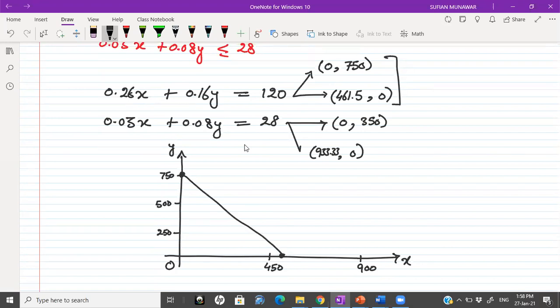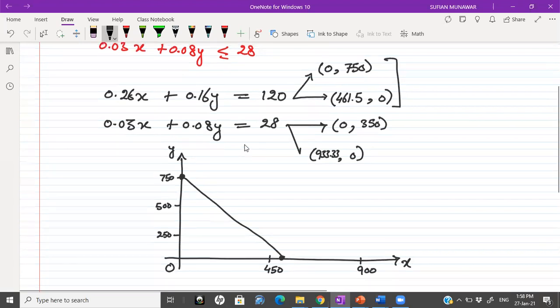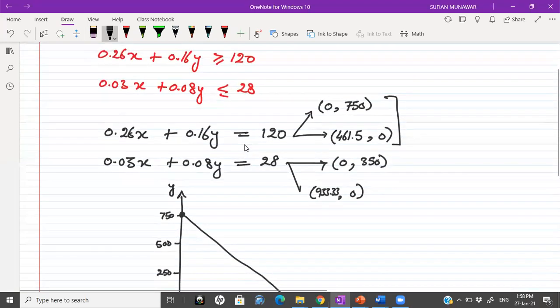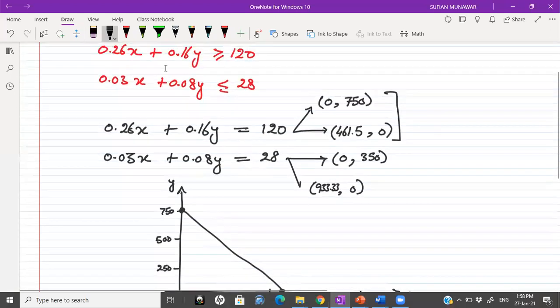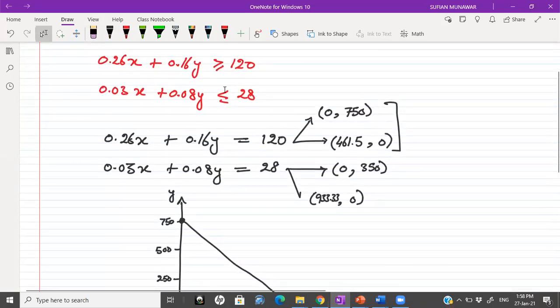Now we have to decide whether the area is above the line or below the line. It will be above, because if I put 0, 0, it will not satisfy the inequality.